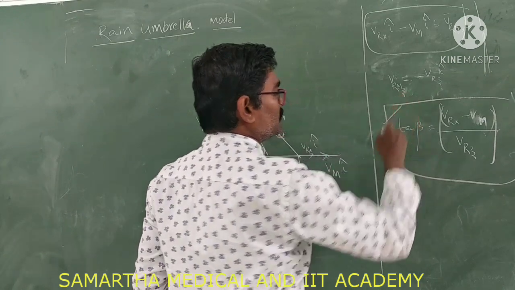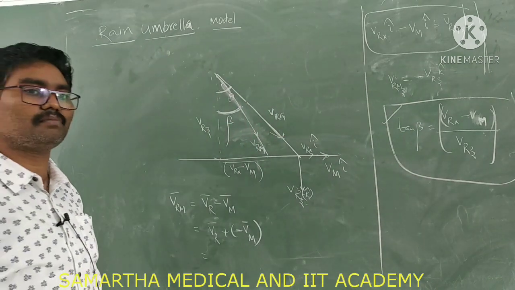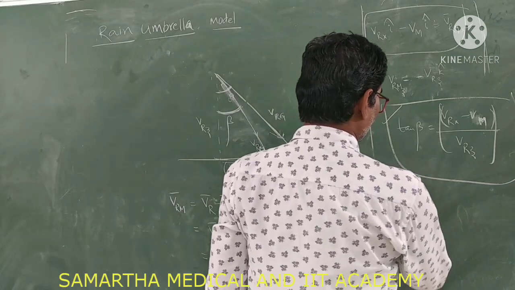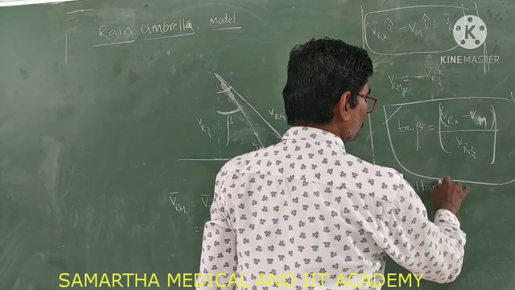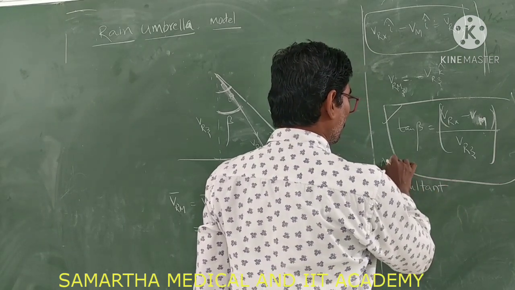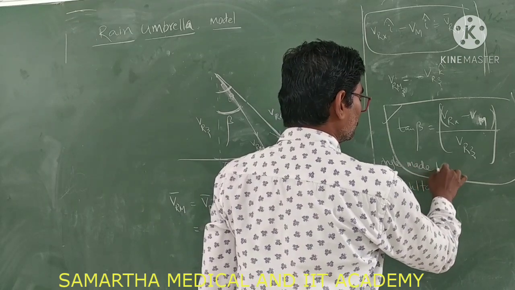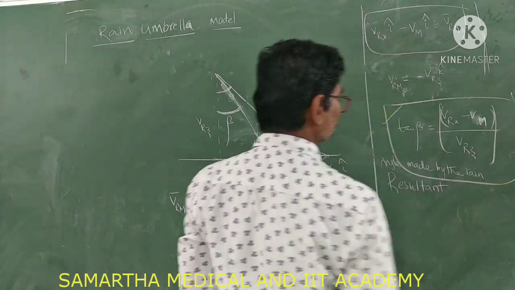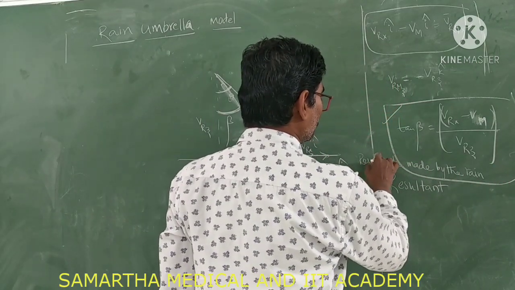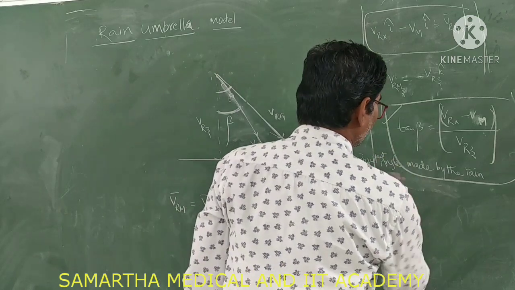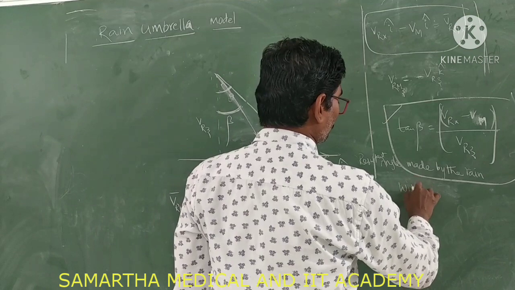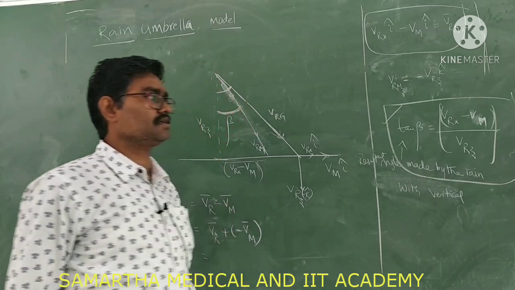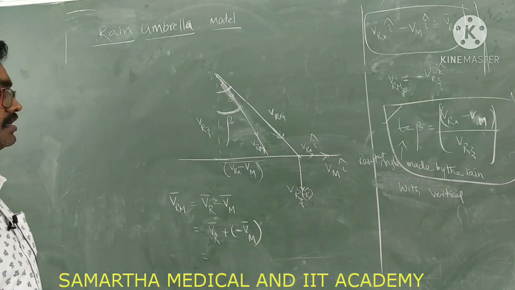So tan beta is the angle made by the resultant with the vertical. Resultant angle made by the rain with the vertical, that is tan beta. Okay, next case.